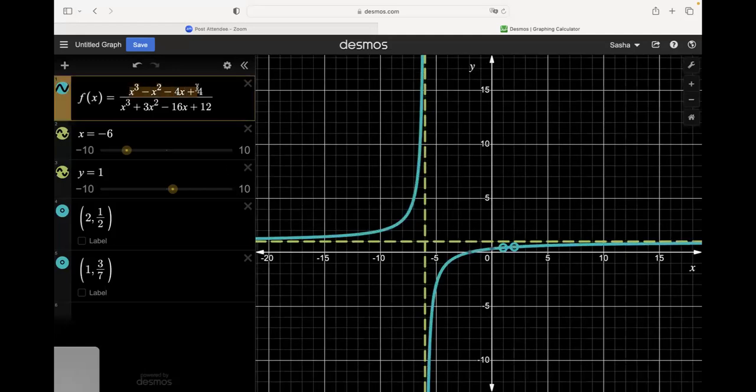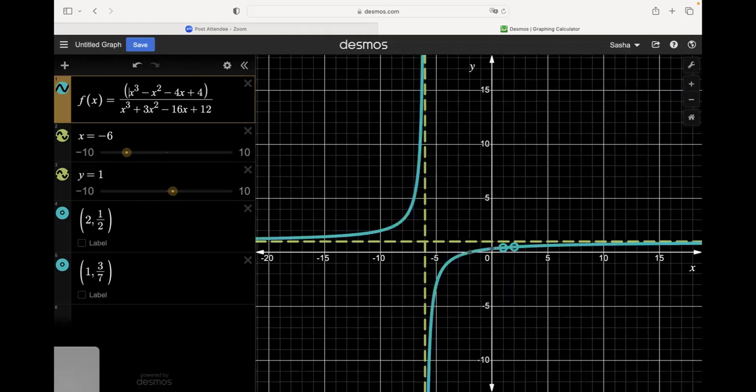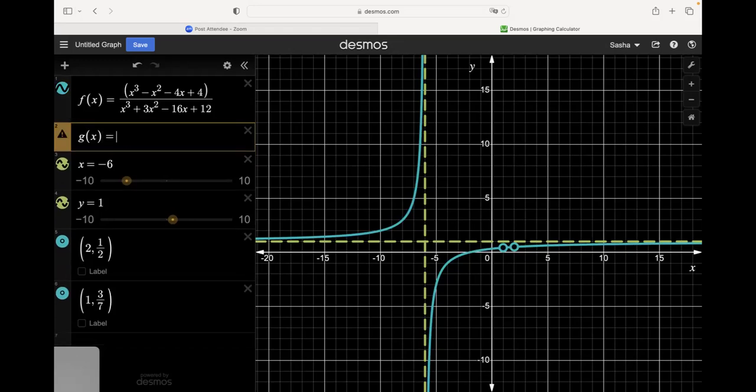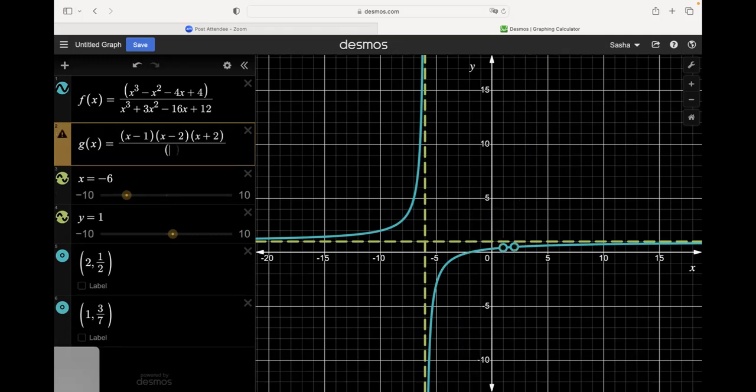And let's write this in its factored form as well. So with x minus 2, just want to confirm that it's the same function. Let's graph x minus 1 times x minus 2 times x plus 2. We divide all of that by x minus 1 times x minus 2 times x plus 6.